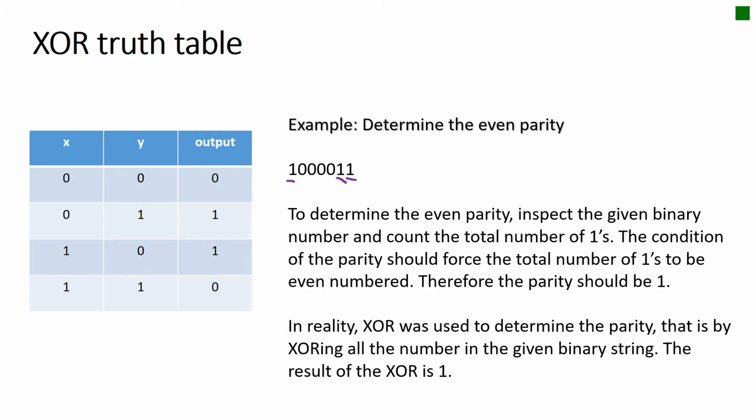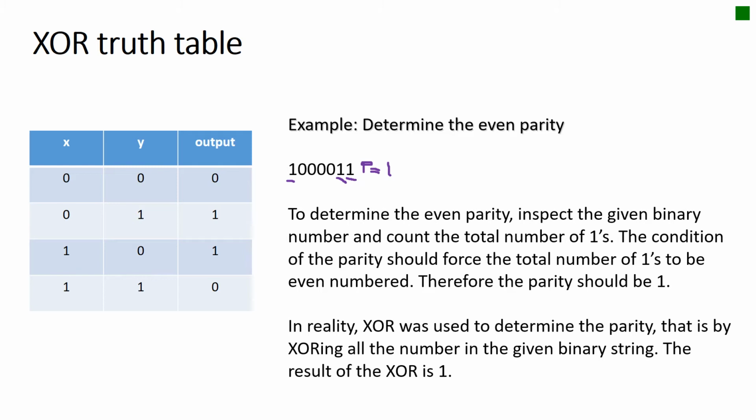Now, the condition of the parity should force the total number of 1s to be even numbered. Since the total number of 1s without the parity is 3, an odd number, the condition of the parity should be binary 1 instead of binary 0, so that the total number of 1s when counted, including the parity, will be even numbered.